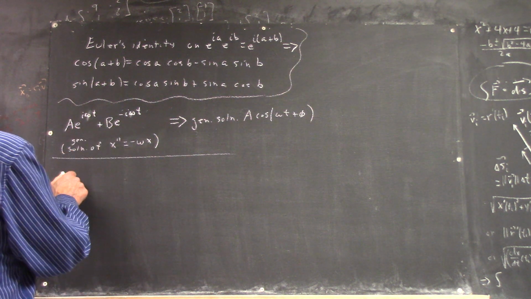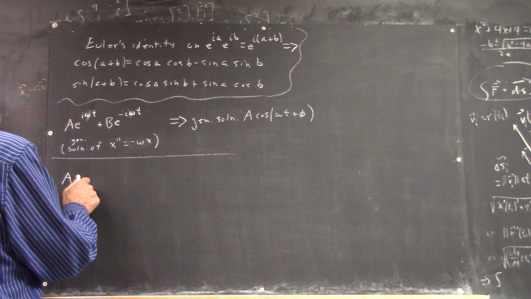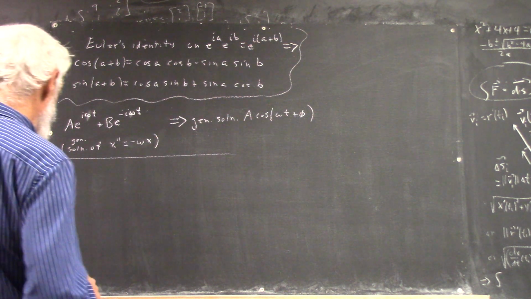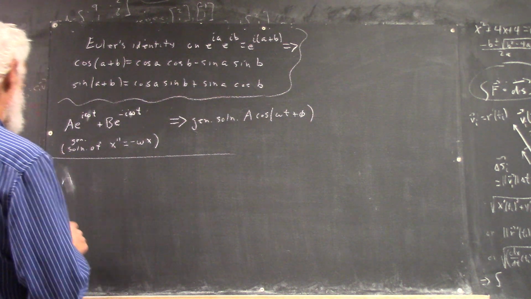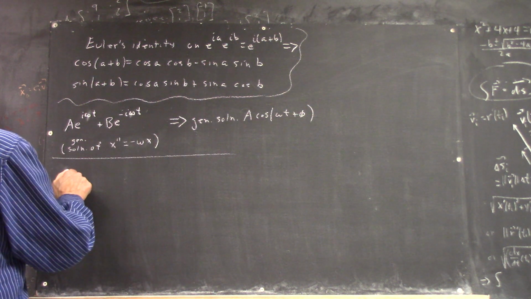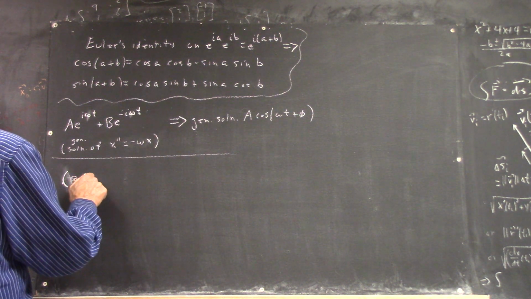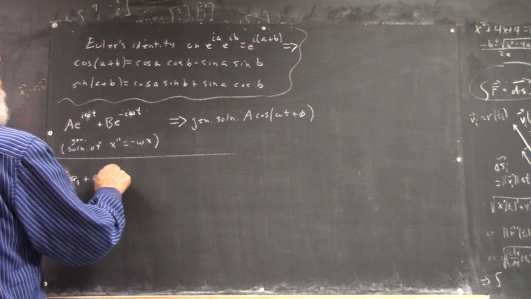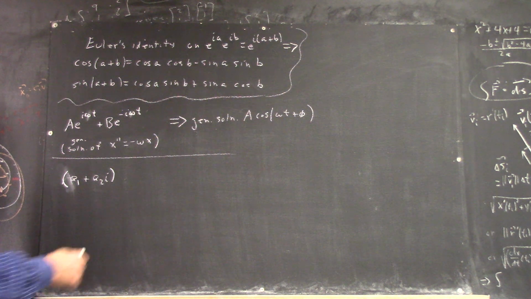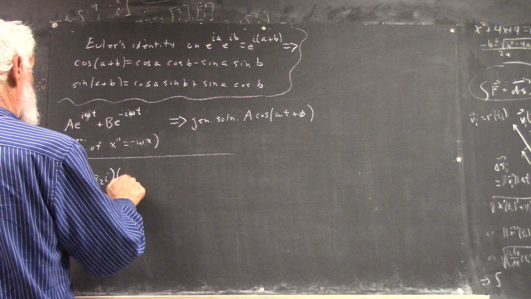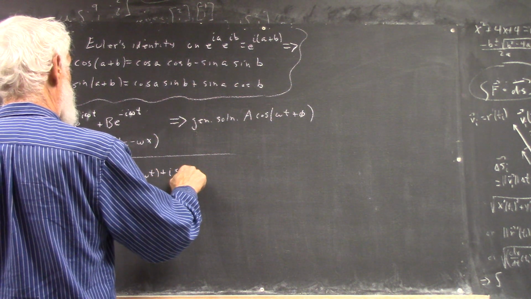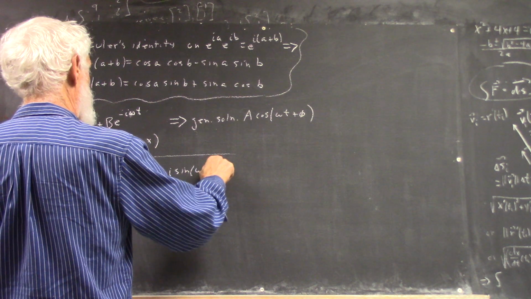So this left-hand side becomes, we're not using an A in here anymore, I'm going to say A1 plus A2 i for a constant A, and e to the i omega t, of course, is cosine of omega t plus i sine of omega t.